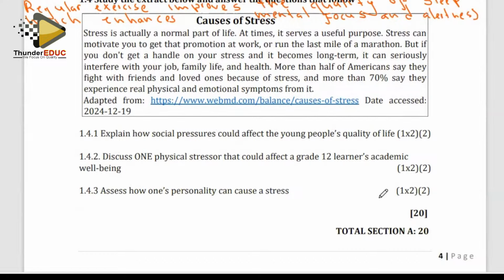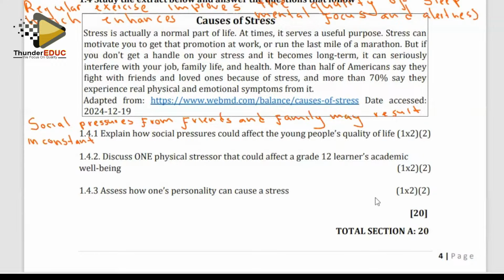The first thing we would want to discuss is mental health.